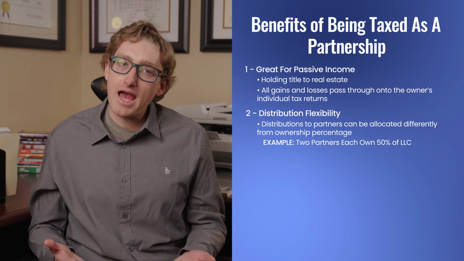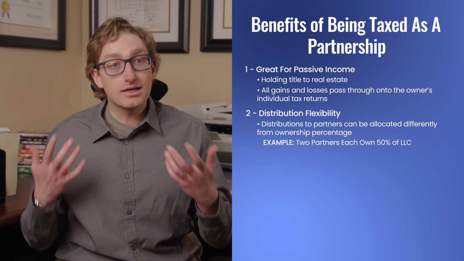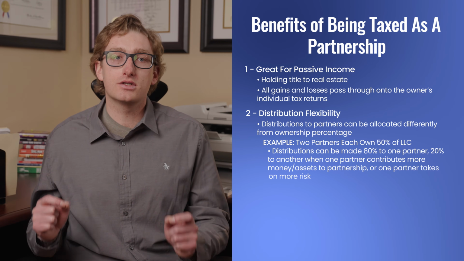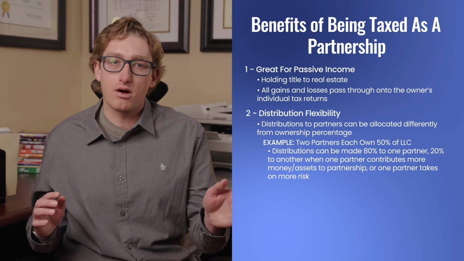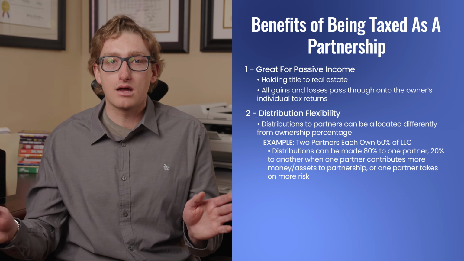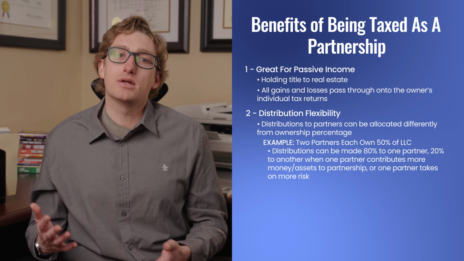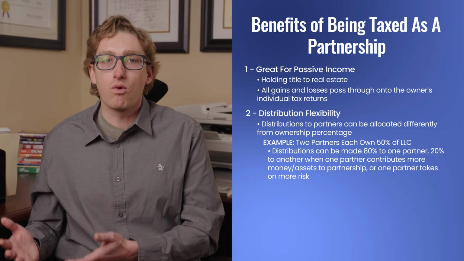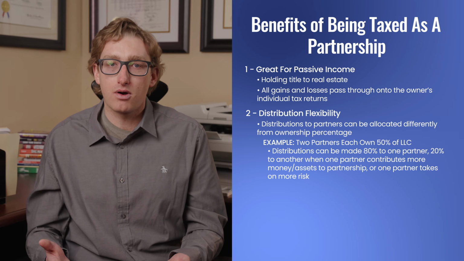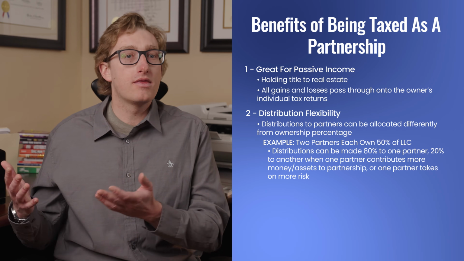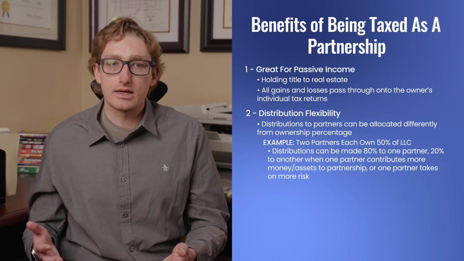Well, if the entity's taxed as a partnership, the distributions can be made 80% to one partner and 20% to another. And this can happen when one partner contributes more money or assets to the partnership, or when one partner takes on more risk.